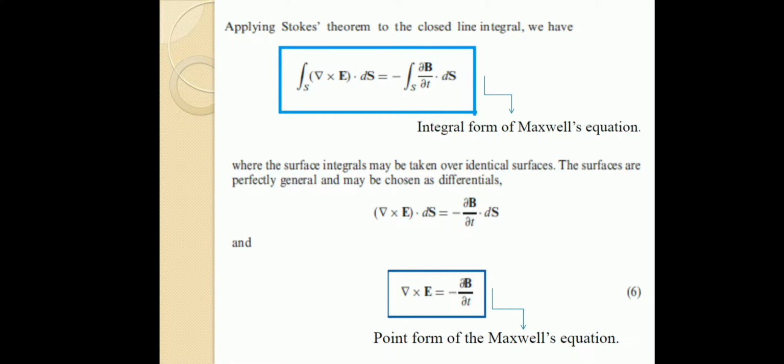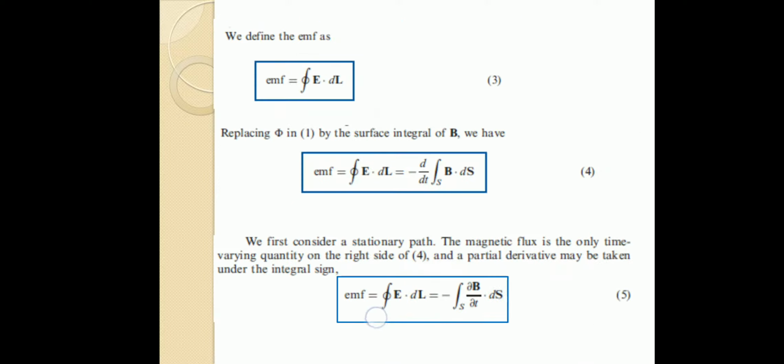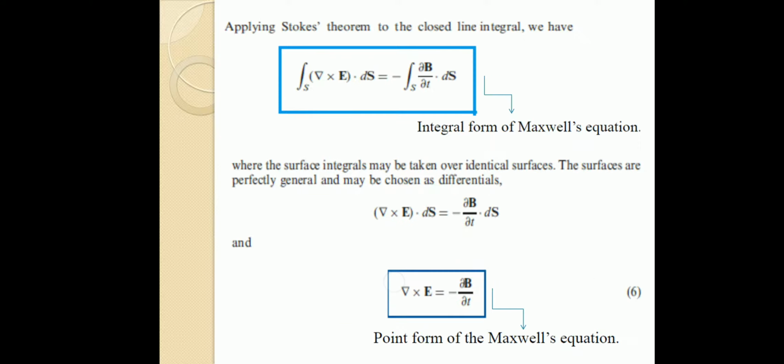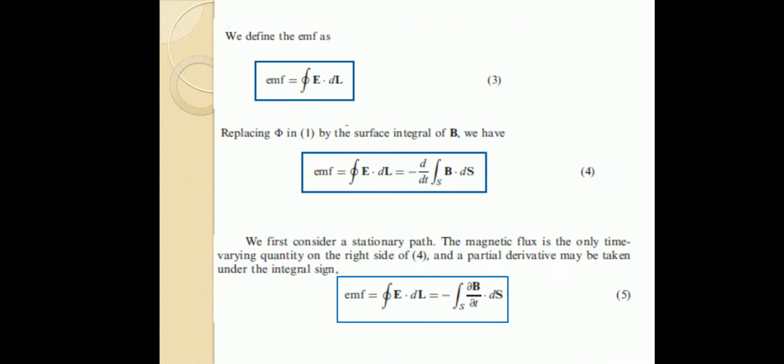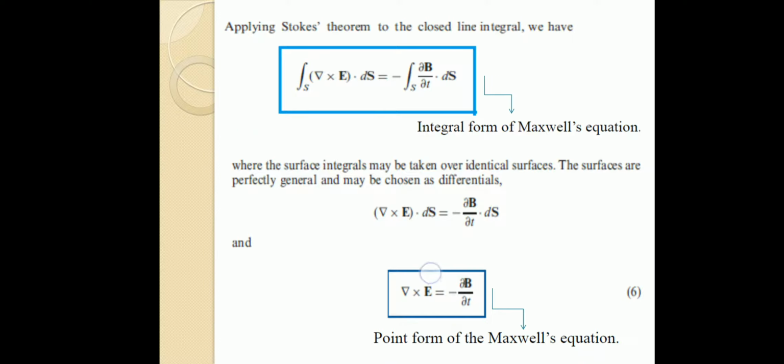To obtain the point form, we apply Stokes' theorem. According to Stokes' theorem, the line integral of a vector around a closed path is the surface integral of the curl of that vector.